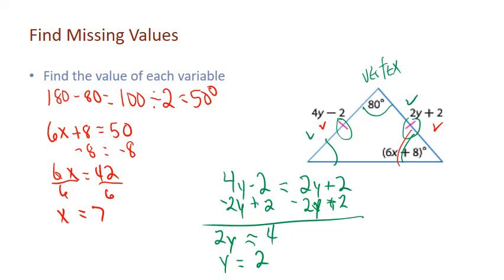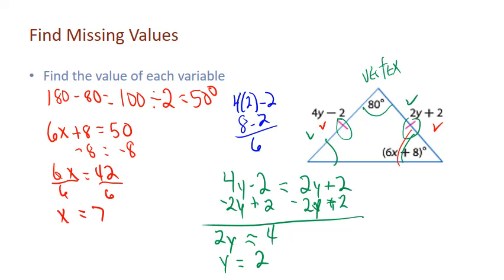So I'm just curious, let's check if these two legs with those expressions give us the same value. If I substitute 2 for y in 4y minus 2, well 4 times 2 is 8, minus 2, so this side length is 6. We don't know what the unit of measurement is, we're not given that, but we have a value of 6.